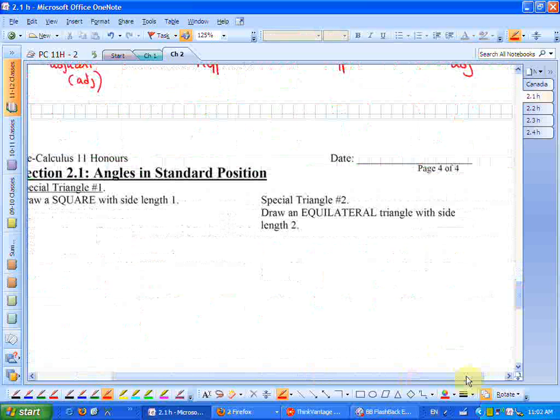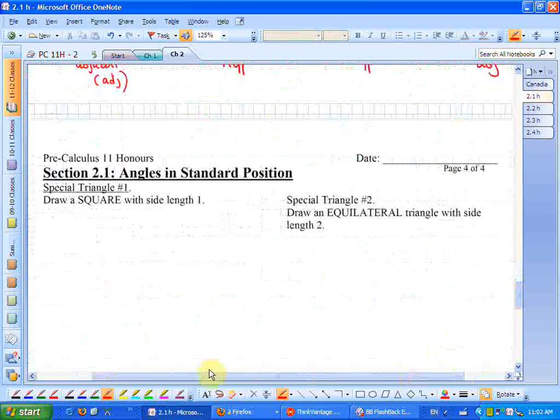Here we go. I'd like you to do this for me for special triangle number 1. Draw a square. There's my square. You do yours too.